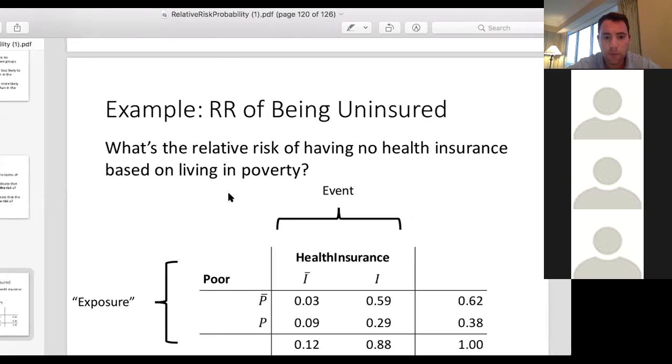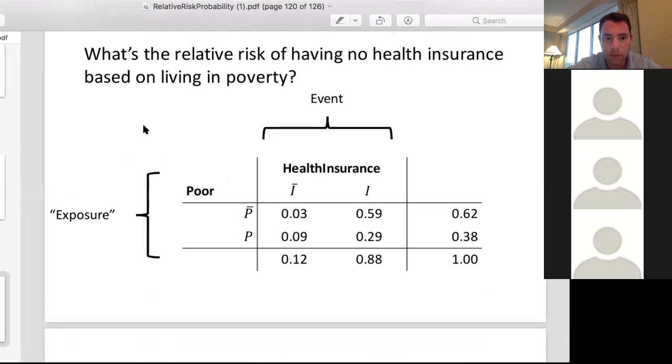So let's look at this. First of all, we have to define what our exposure is and what our event is. The exposure would be being poor. The poverty is your exposure. And the event occurring is having health insurance or not having health insurance, right? So we just have to first define that.